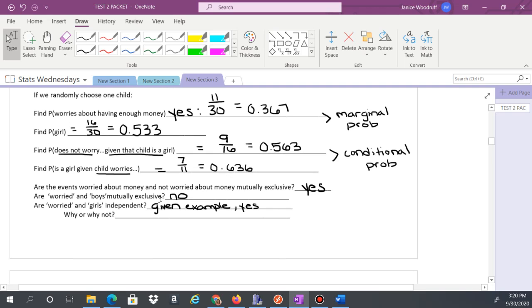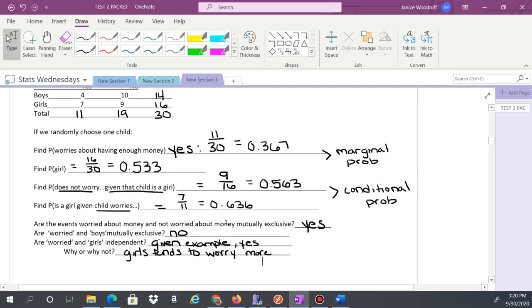Okay, because you could say generally that they could be dependent because girls tend to worry more than boys, right? And if someone says, well, that's a generalization, you could say, well, according to this survey, more girls said yes than boys.